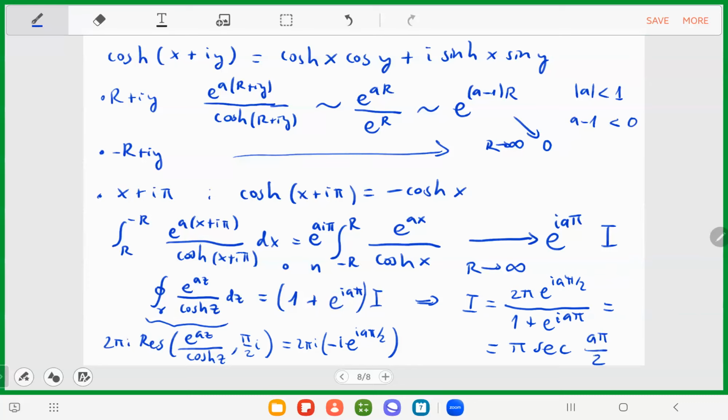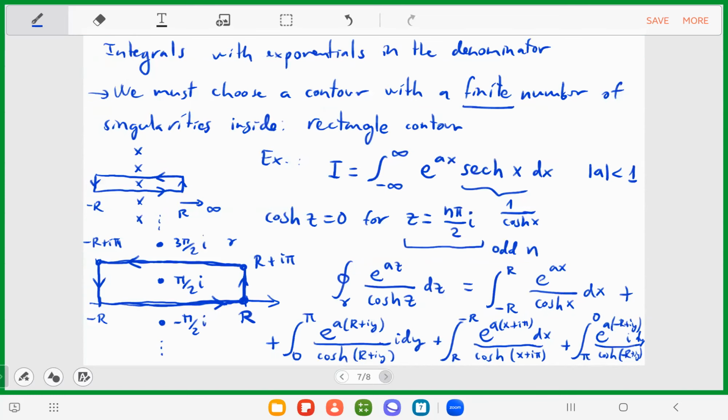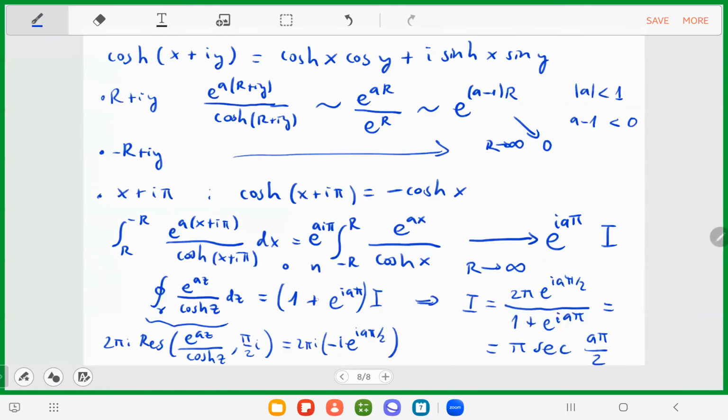Okay, any question? I have a question on the contour integral that is equal to 1 plus something. Oh, yeah. It's on the last page. Where does the 1 come from? Yeah, sorry. Let me put the details.